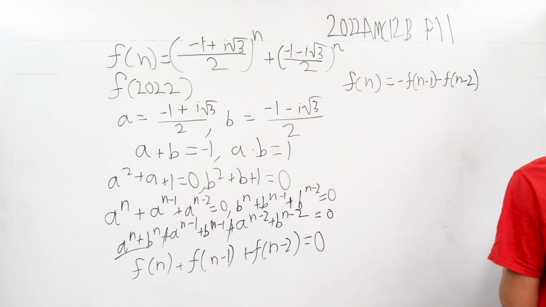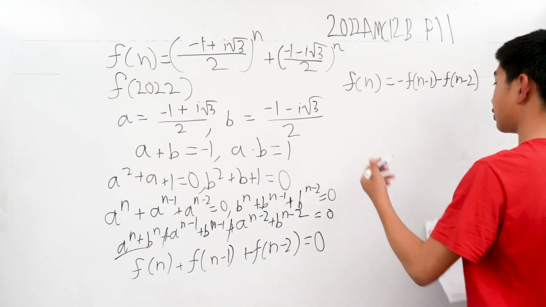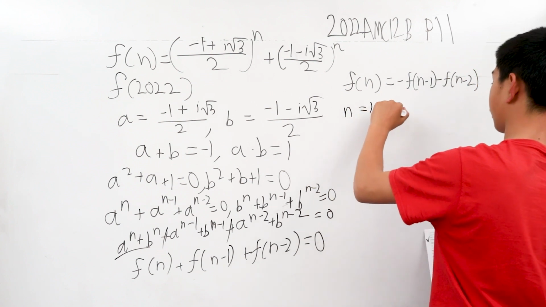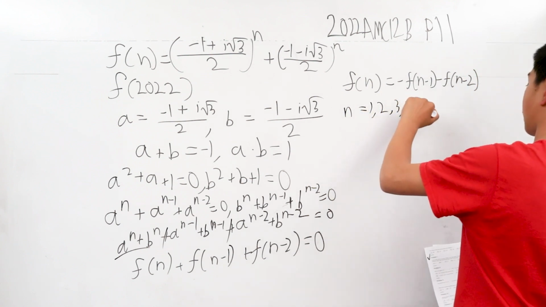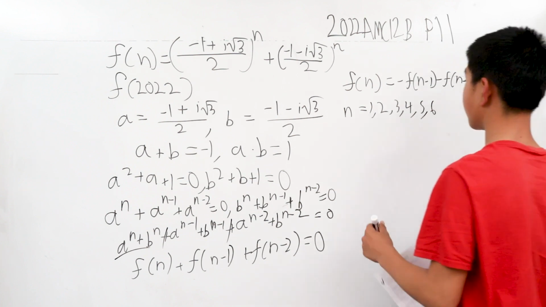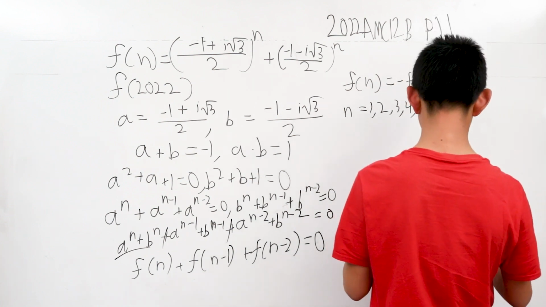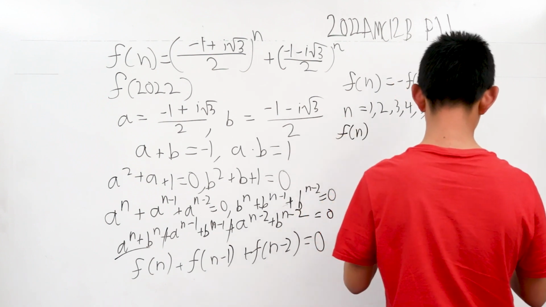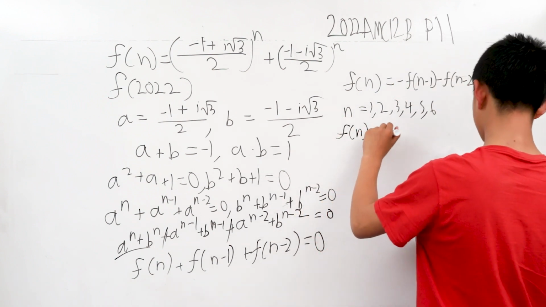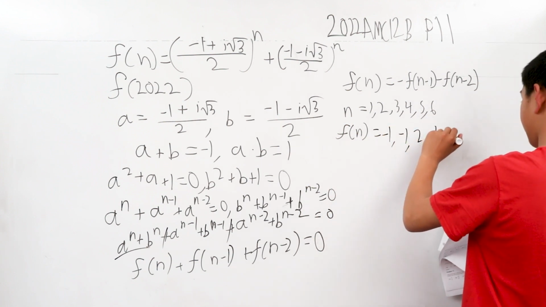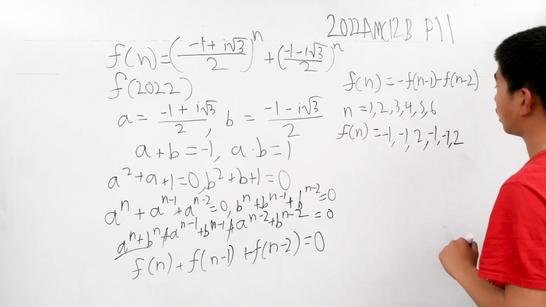If we substitute n equals 1, 2, 3, 4, 5, and 6 into this equation, we will get that the outputs of f of n are -1, -1, 2, -1, -1, 2, respectively.